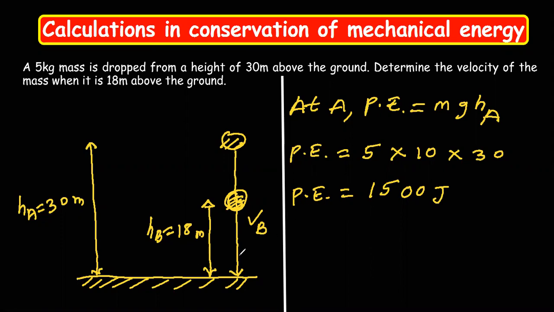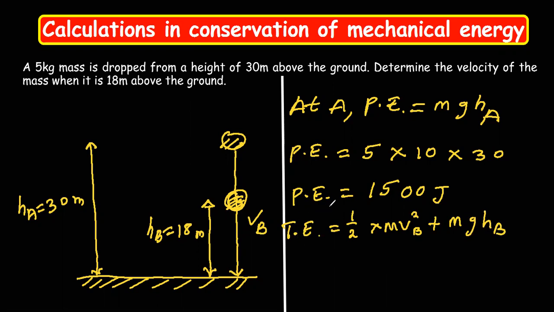So we are going to apply this equation, that is total energy at A, which we have already calculated to be 1,500, equal to the sum of the kinetic energy at B and the potential energy at B. So we apply this formula, half mv squared, so let's call this one VB, plus mgh_B, that is the new height after the bounce.